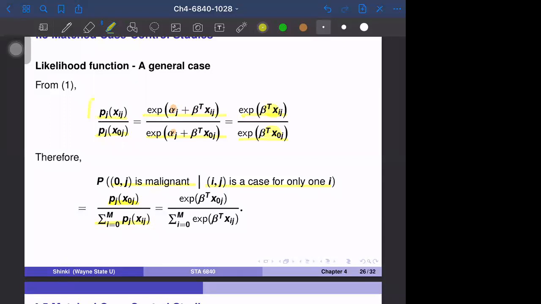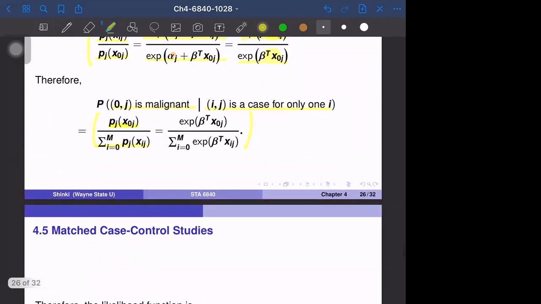Since we are given the ratio of p_j x_ij and p_j x_0j, the proportion is calculated as this. So basically, this is the likelihood. We multiply this from j equal to 1 to n, where n is the number of groups. Then we get the likelihood.